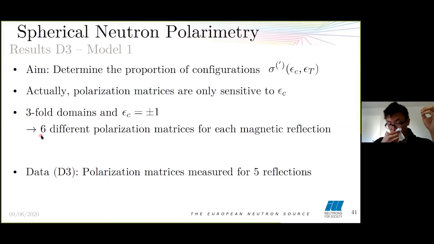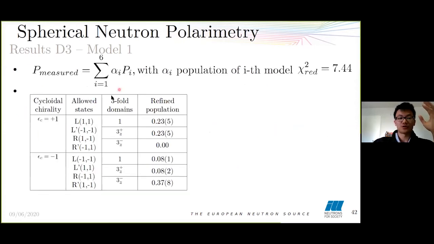These polarization matrices were measured for 5 different reflections. And what we want is to make a linear combination of the 6 different polarization matrices and compare it to the measured one to see if the model is fitting to our experiment.